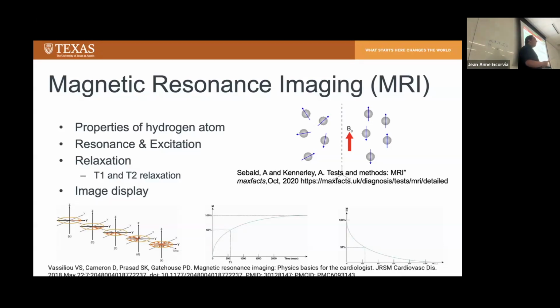So MRIs basically exploit these relaxations and produce an image out of them. You can think of it as exploiting the fact that all the hydrogens are in unison, but they have different phases.